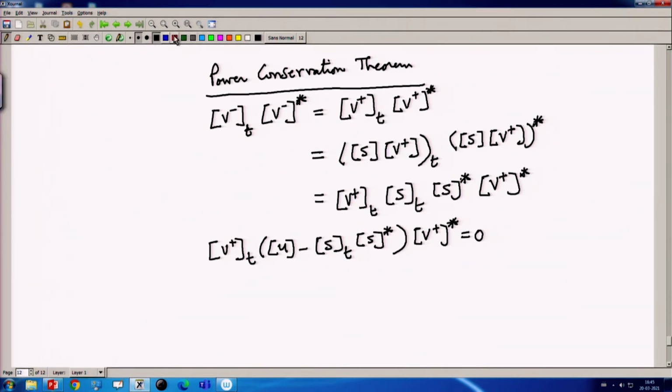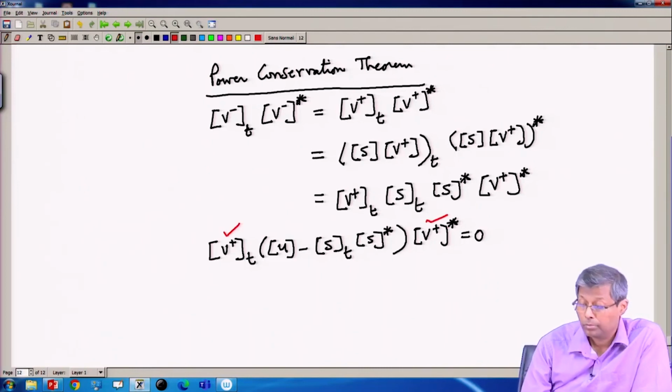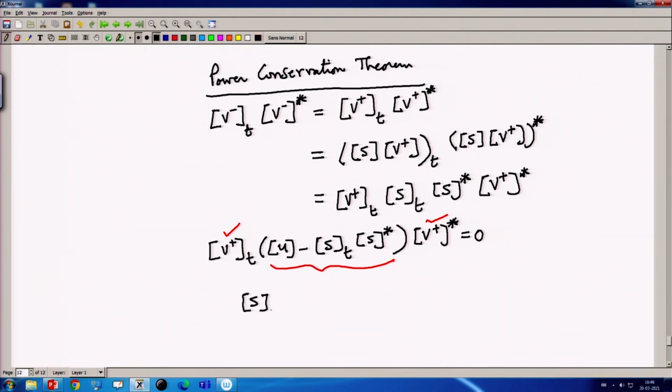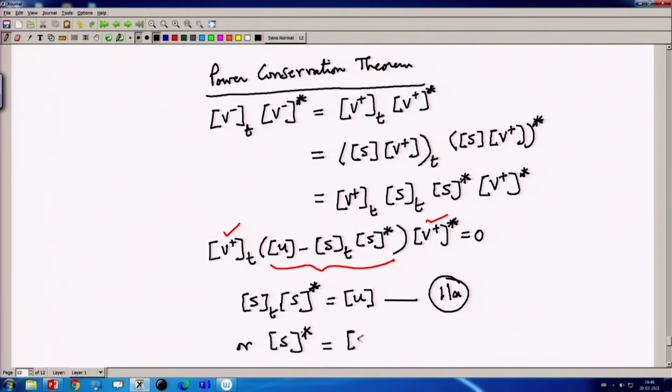Now, because the V plus matrix is not 0, the only way this can be satisfied is this becomes 0. We call this equation 11a, or we can write this as, we write this as 11b.